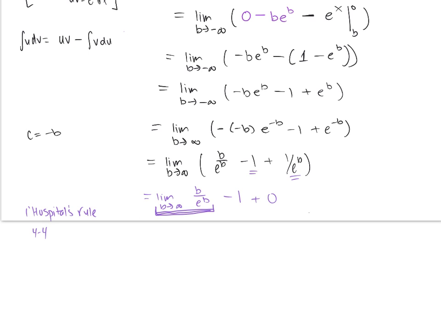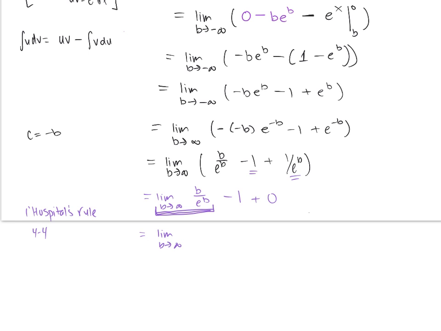It lets you deal with limits of the form infinity over infinity or 0 over 0, as in both things go to infinity or both things go to 0. And it kind of is the quotient rule that you wished was. It's not actually the quotient rule, the quotient rule is something different, but it says that the limit of this expression is the same as the limit of the ratio of their derivatives.